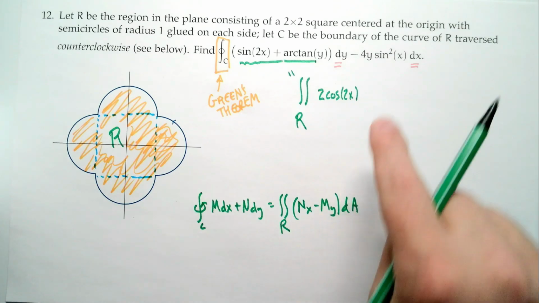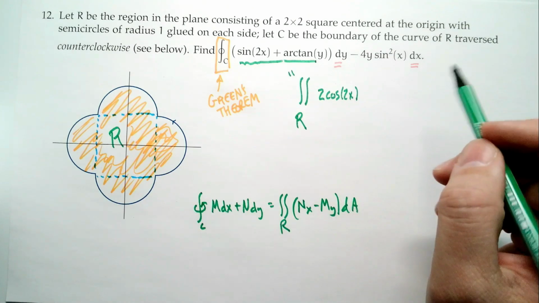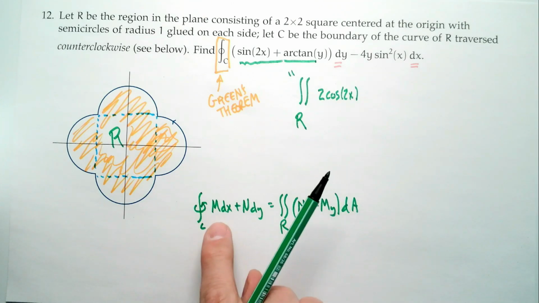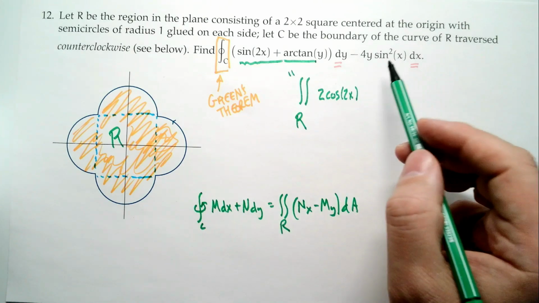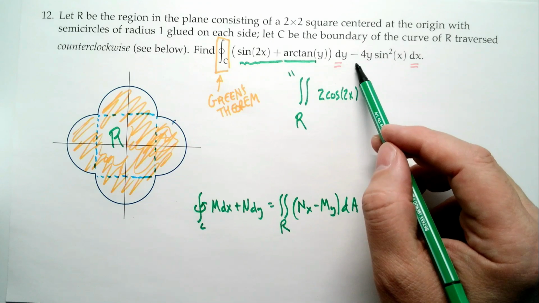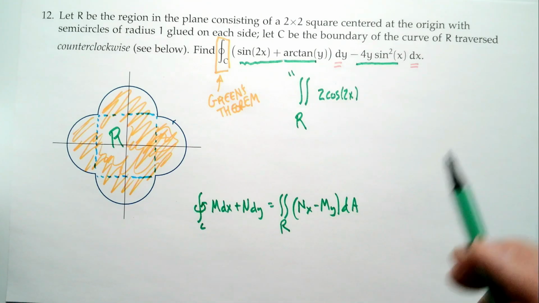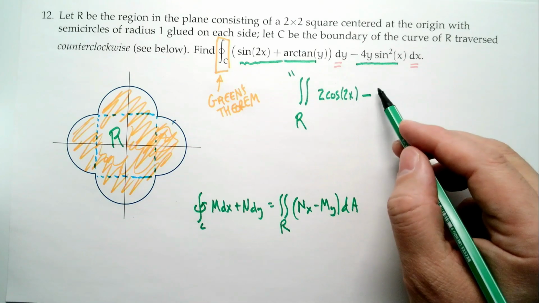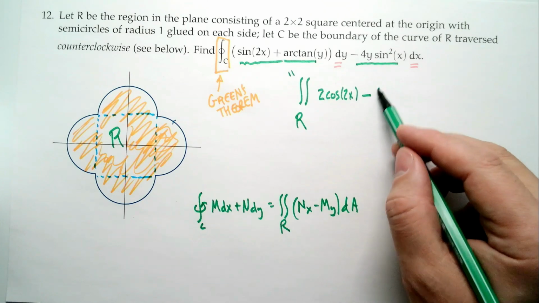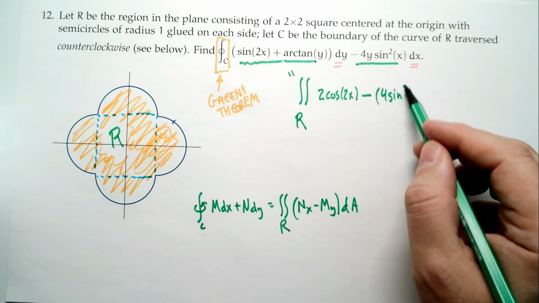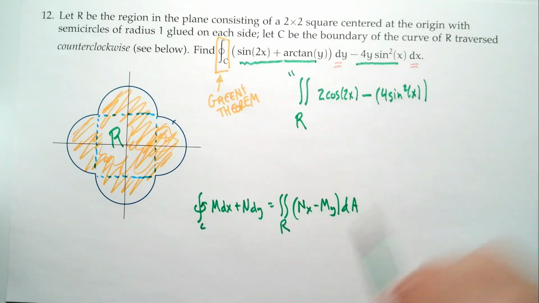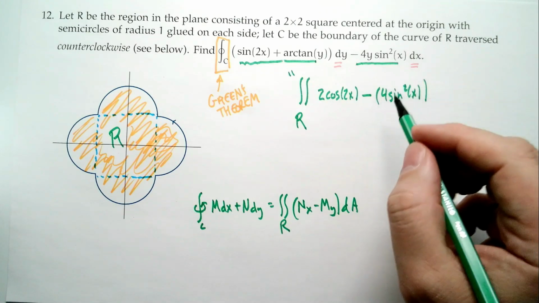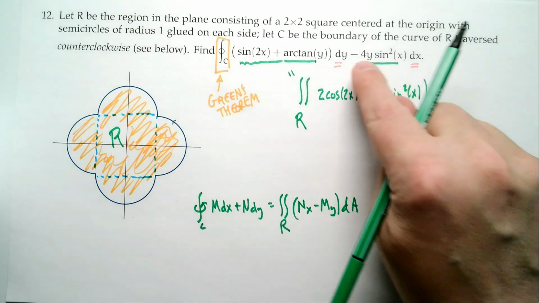Okay, then whatever is in front of the dx, that's the m dx, we're going to take the derivative of that with respect to y, and we're going to subtract. Here it'll be 4 sine squared of x. And actually there's a negative because there's already a minus here.